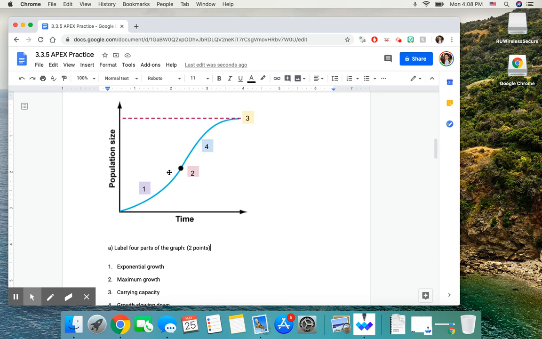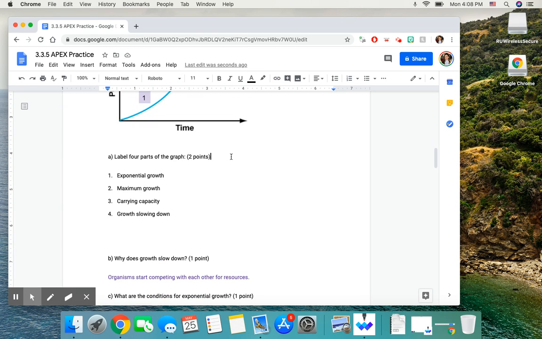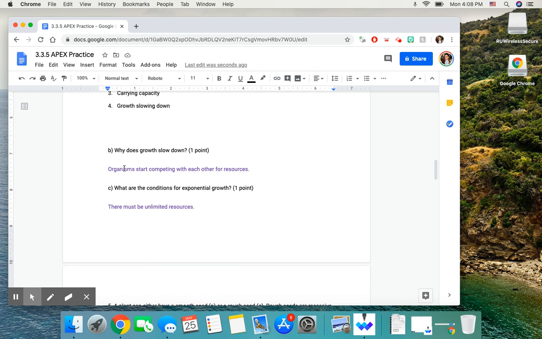Whereas here, they have plenty of resources. There's a wide range between the carrying capacity. Okay? So this is where there's a large population size but limited resources. So inevitably, the growth will slow down. So organisms start competing for those resources.